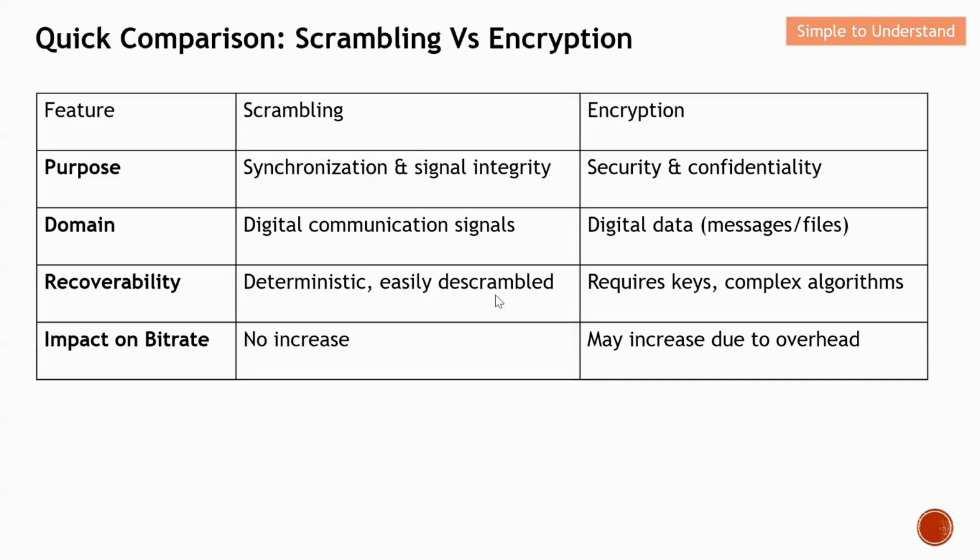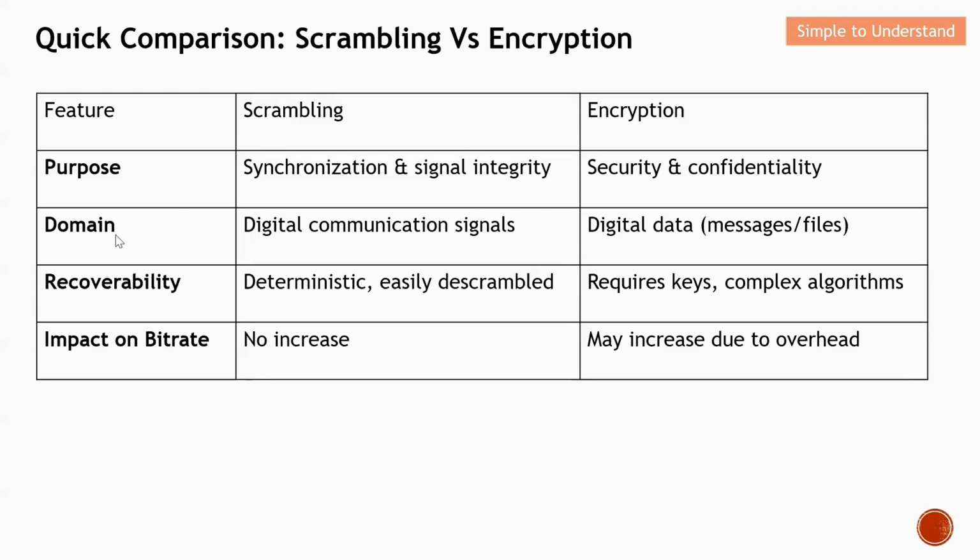Next, I'd like to do a quick comparison between scrambling and encryption. Over here, this is scrambling, and this is encryption. The key purpose of scrambling is to provide synchronization and to make the signal integrity robust. Encryption mainly takes care of security and the confidentiality of the data.